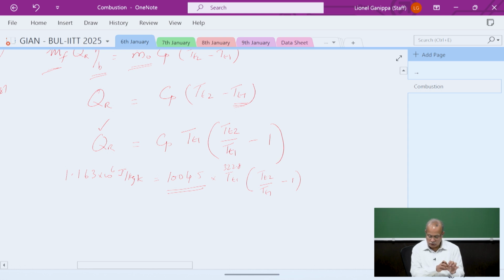So what is the unknown here? TT2 by TT1 is the unknown here. Now calculate and tell me what is this value, TT2 by TT1. 4.586869.